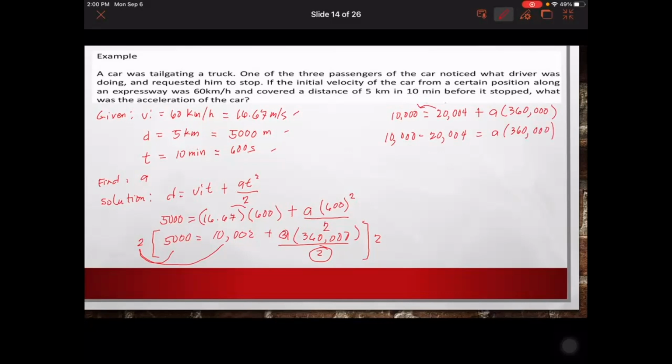So, 10,000 minus 20,004, what's the answer? This will be negative 10,004 is equal to a times 360,000. Para makuha natin yung a, ano gagawin natin sa 360,000?